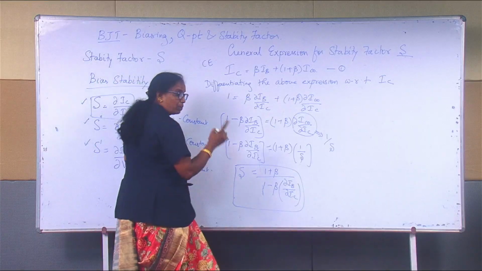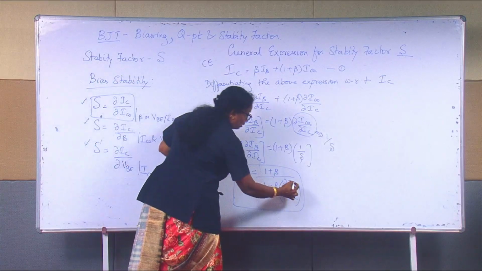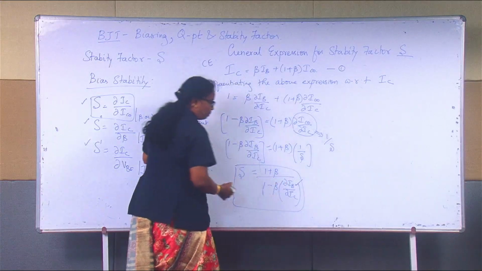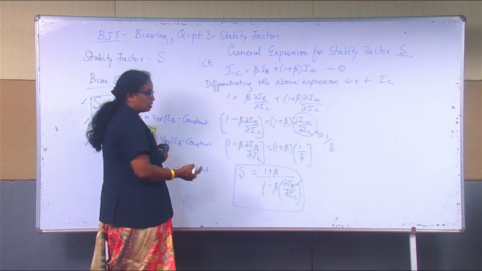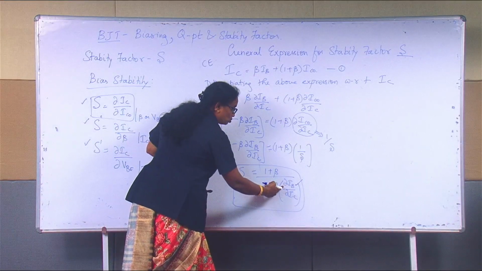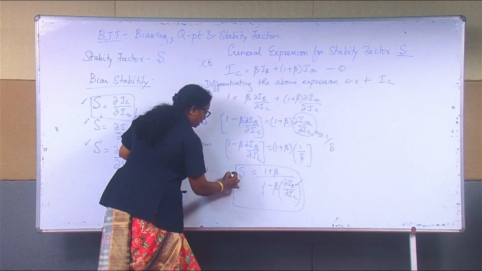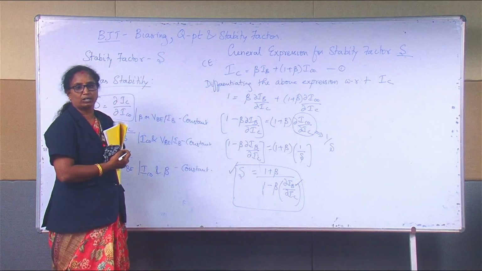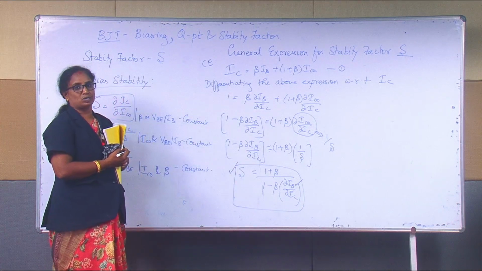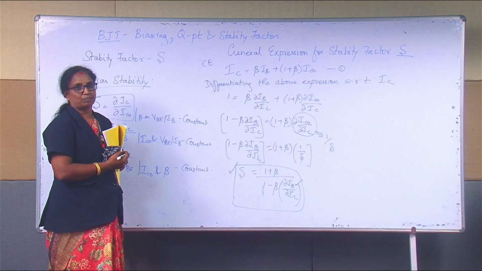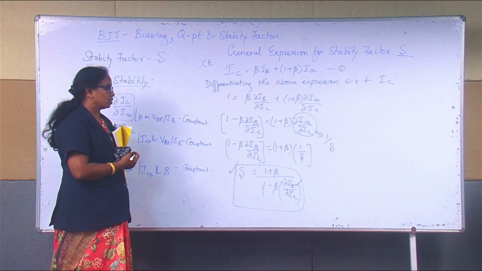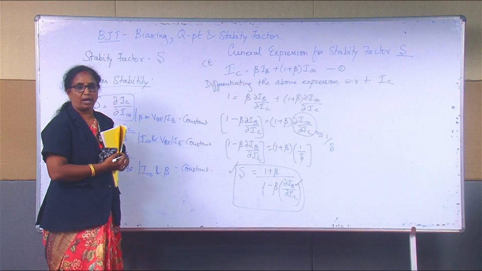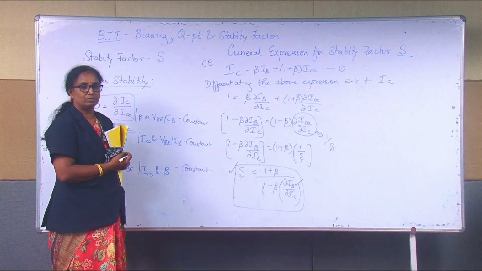For any biasing circuit, if I find this dou IB by dou IC and substitute its value, I can find the stability factor for the respective biasing circuit. So with this, we'll end this session. Thank you.